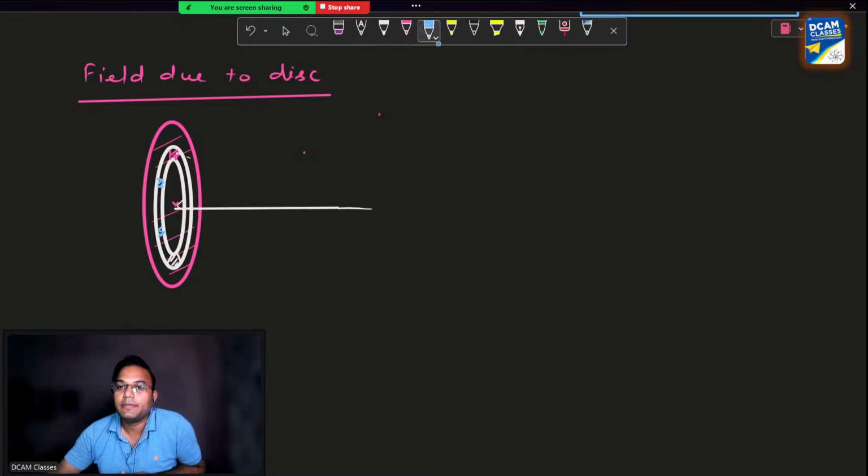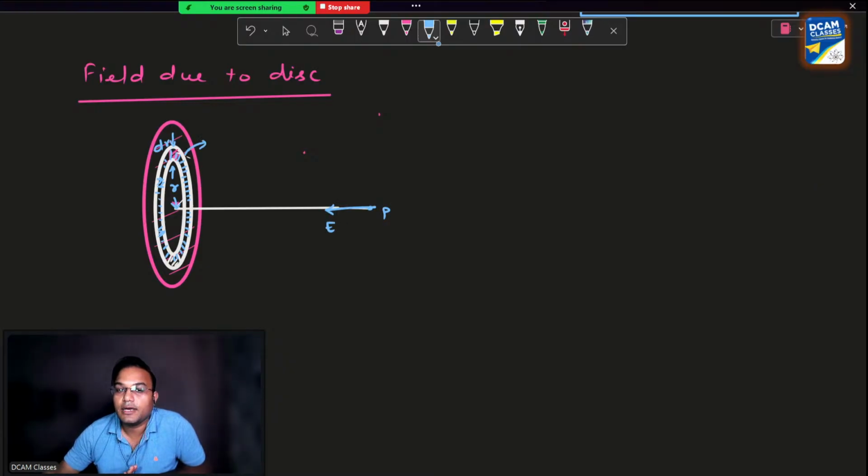I will take this ring which is of radius small r and thickness dr. Correct? Now, because I know because of a ring, the field at a point P is towards the center, and its value already I know.